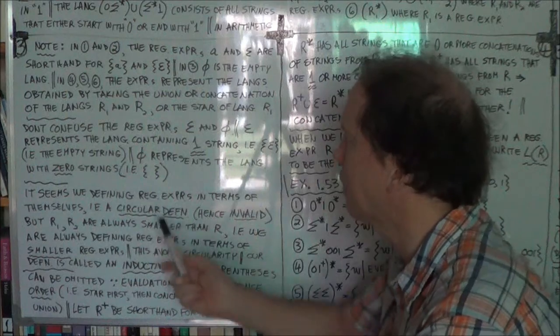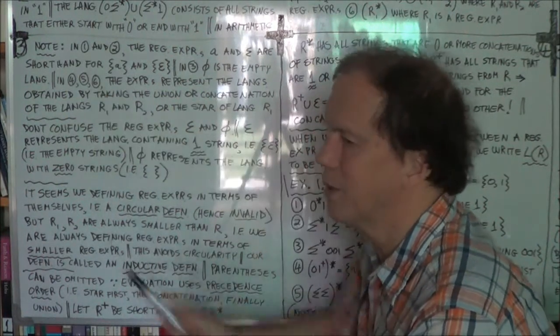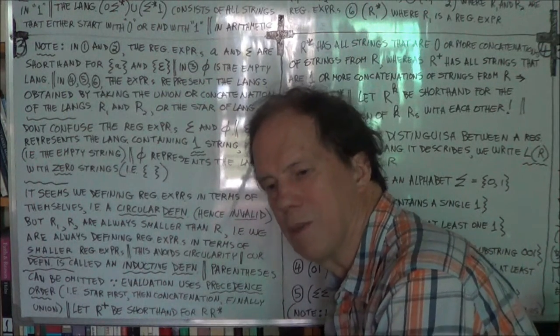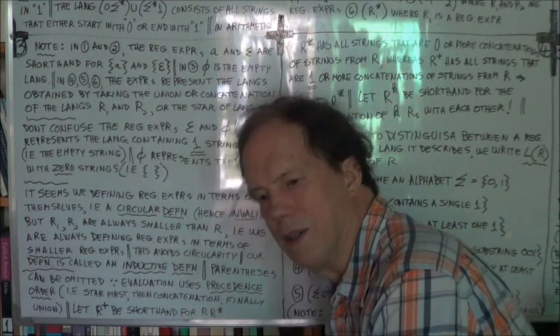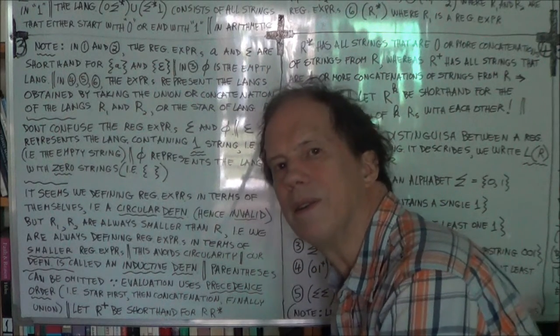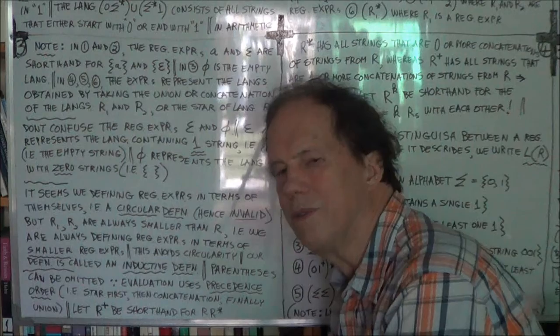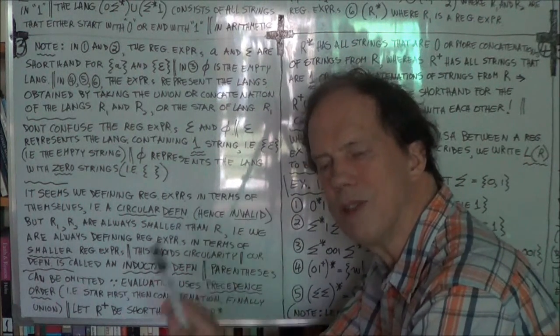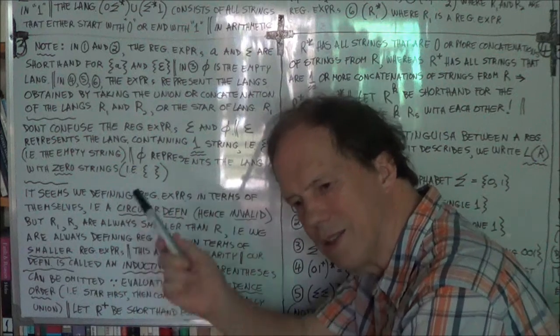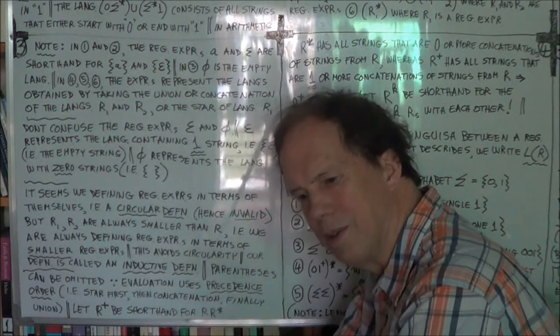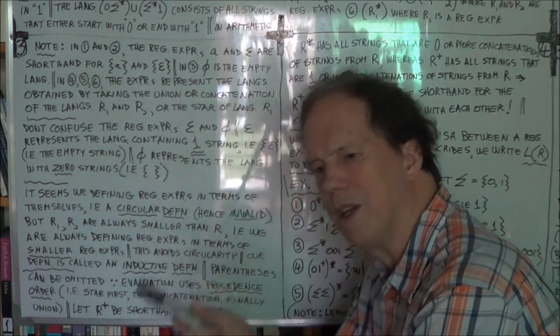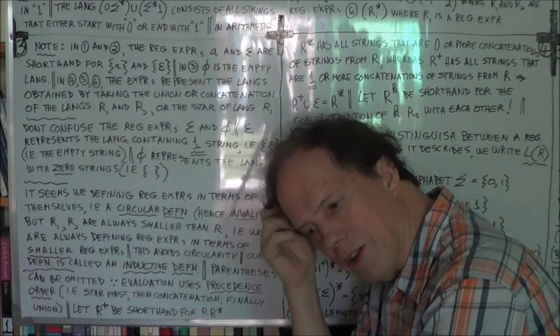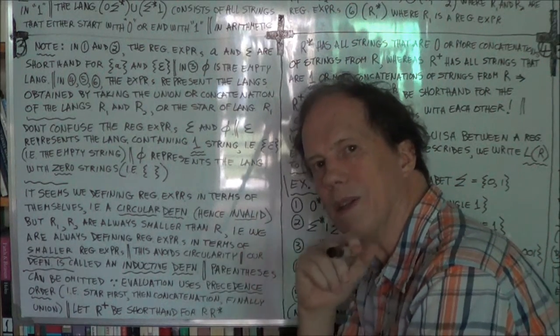Okay, so like for 1 and 2, we started off defining a regular expression as just a symbol from an alphabet. Right? Well, a set of a symbol from an alphabet. You know, wiggly brackets A. Right? That's really simple. We know what A is. It's a symbol from an alphabet. So we're not defining a regular expression in terms of a regular expression.